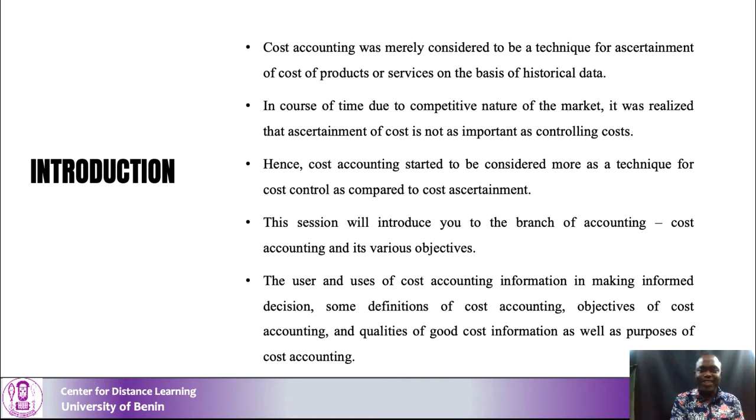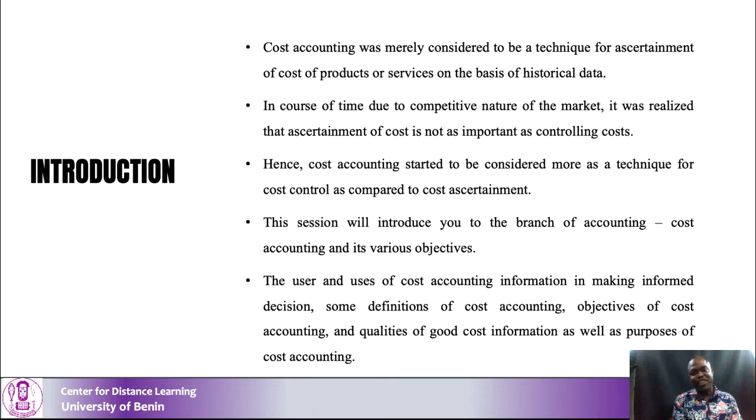Cost accounting can be described in various ways, but the popular definition that is being propagated by many authors is built around cost. They do this by bringing cost and accounting together. The first question you ask yourself when you want to define cost accounting is, what is cost?